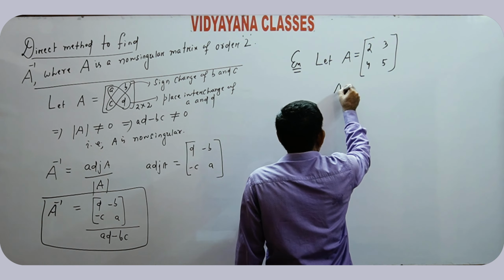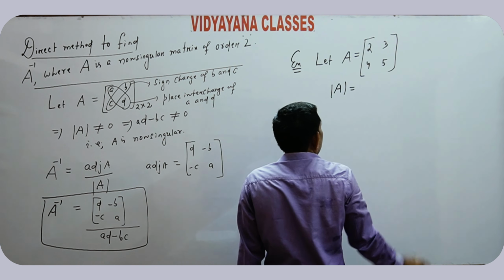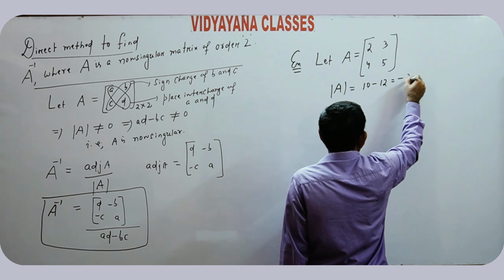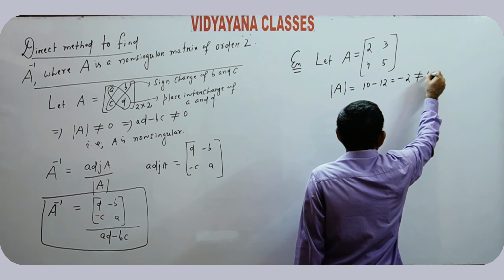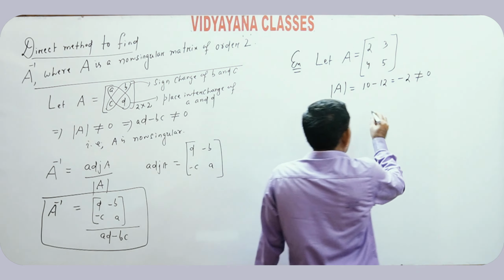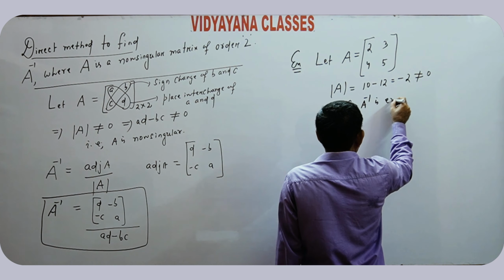A determinant is equal to 10 minus 12, that is equal to minus 2, not equal to 0. That means A is non-singular. So A inverse exists.